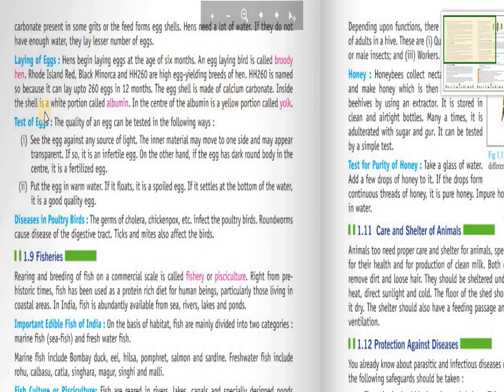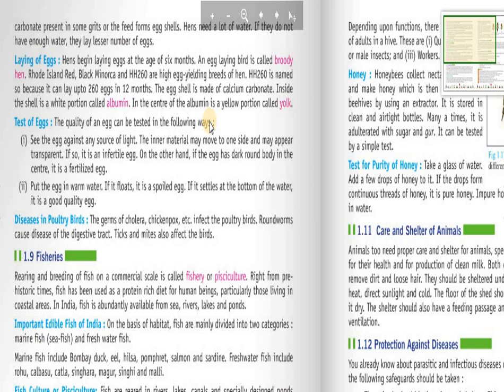Inside the shell is a white portion called albumin. In the center of the albumin is a yellow portion called yolk. So here are a few examples of egg laying hens, such as Rhode Island Red, Black Minorca and HH260, and the highest yielding among them is HH260 because it can lay 260 eggs in 12 months.